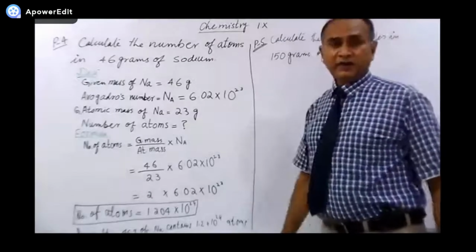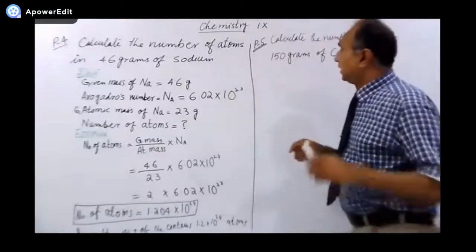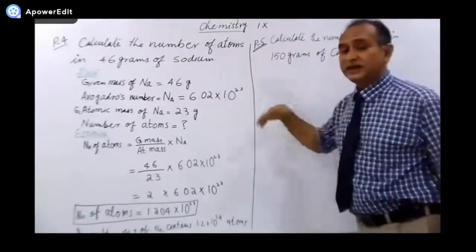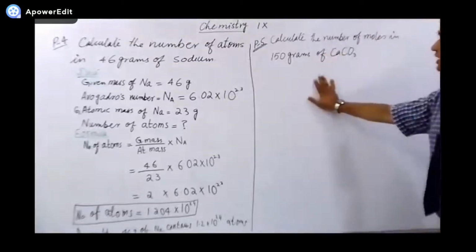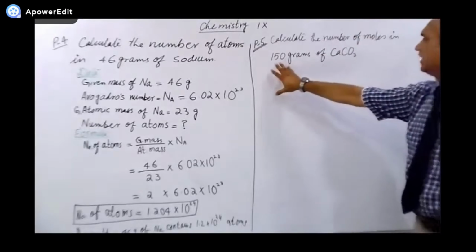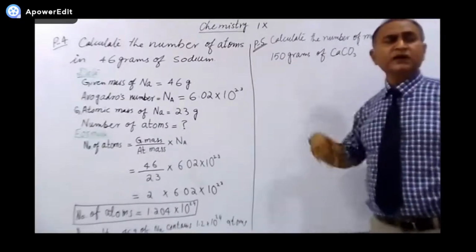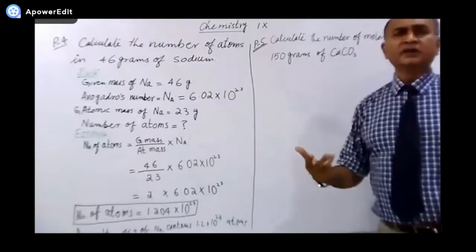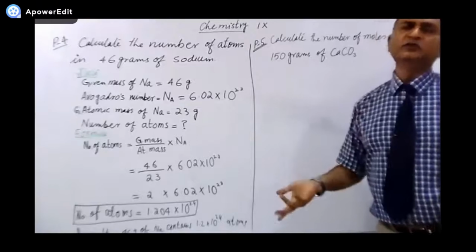Oh, yes, you are right. It's a question of the previous concept. We will do this problem and then another problem. So what is given to you over here? We have 150 gram of calcium carbonate. As I told you yesterday, you can make your own questions and show them to me. I'll check them for you.